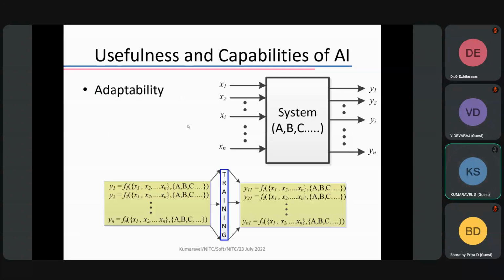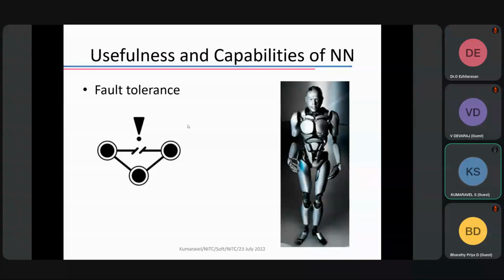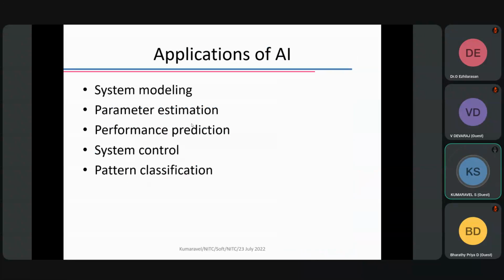So I told you already, adaptability. These are the useful applications. In our electrical engineering, directly or indirectly, these are the few major applications we perform with the help of artificial intelligence. Sometimes we go for modeling of a system using AI, parameter estimation, performance prediction or fault prediction, system control problems, pattern classification problems.